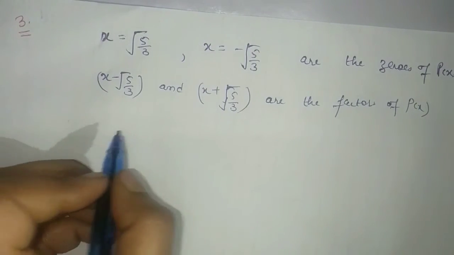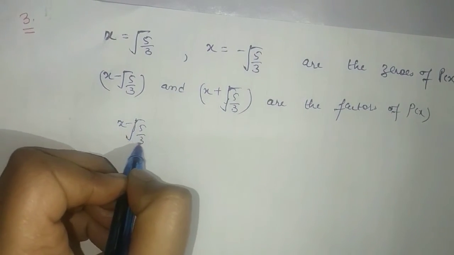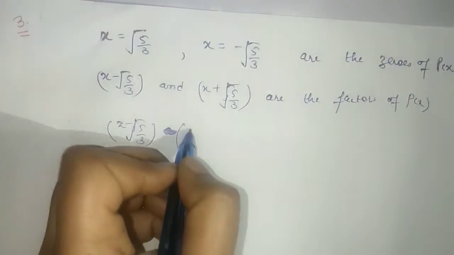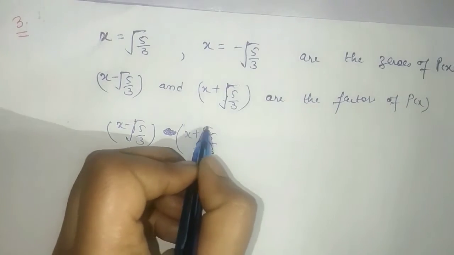Now we can multiply them. X minus root 5 by 3 and x plus root 5 by 3.